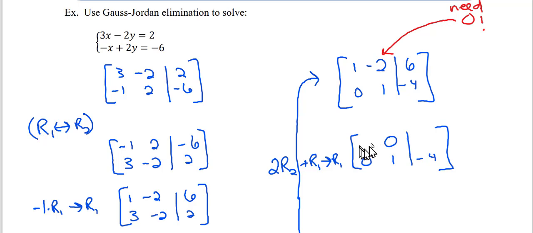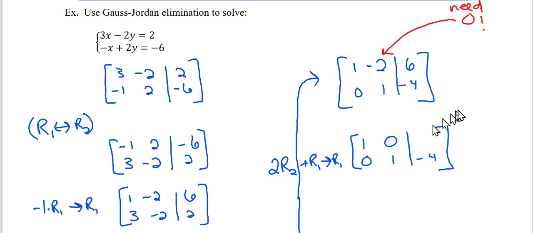What about this spot here? 2 times row 2 is 0, plus row 1 is 1. The value in doing the operations in this order, in this way, is that we do not change all of the things that we previously had worked to get exactly the way we want them.